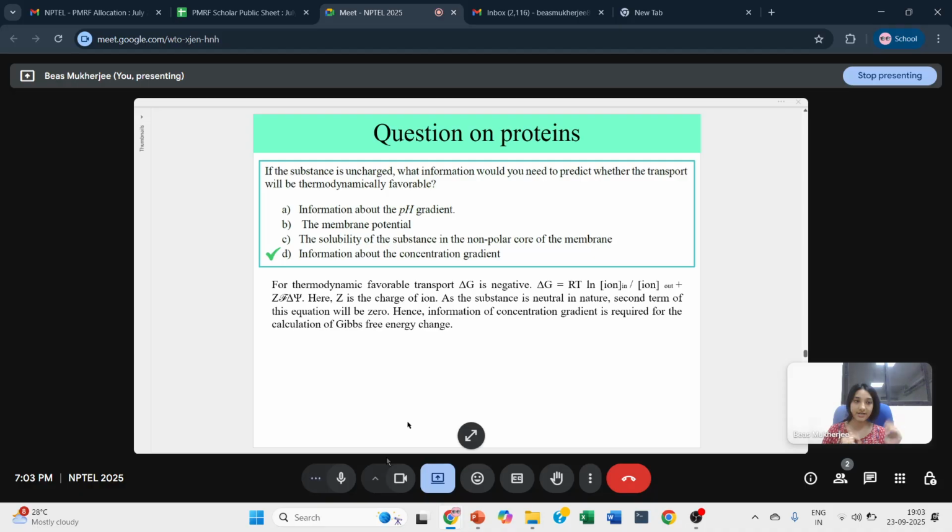So that is the entire equation. As the substance is neutral in nature, the second term of this equation will be 0, because the charge z makes the entire term 0. Therefore, information on the concentration gradient is required for the calculation of Gibbs free energy.